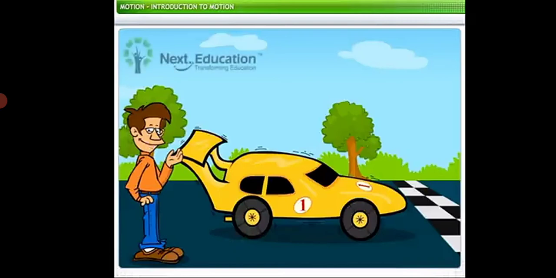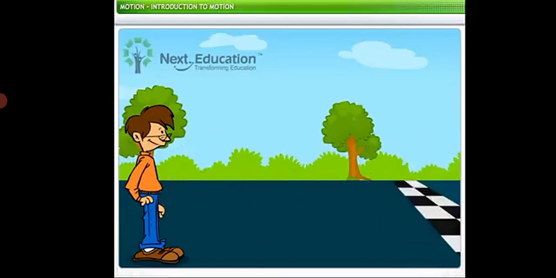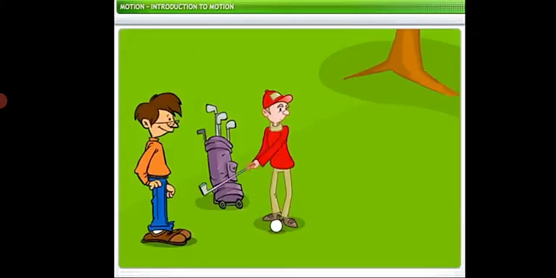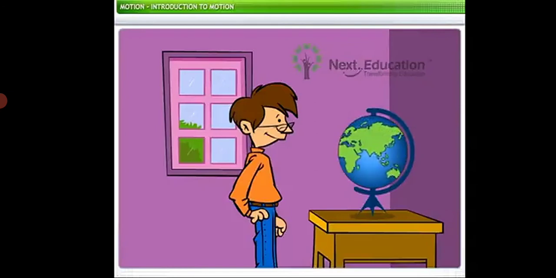Now let's see what happens when these objects move. Oh, did you see how fast the car zoomed away? The ball has also disappeared out of sight.